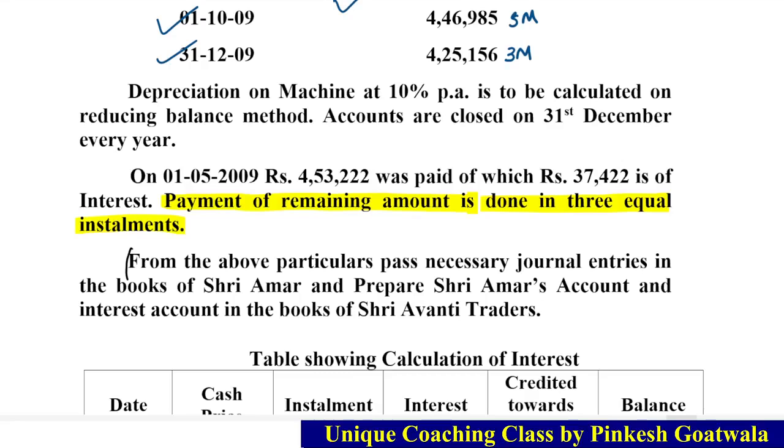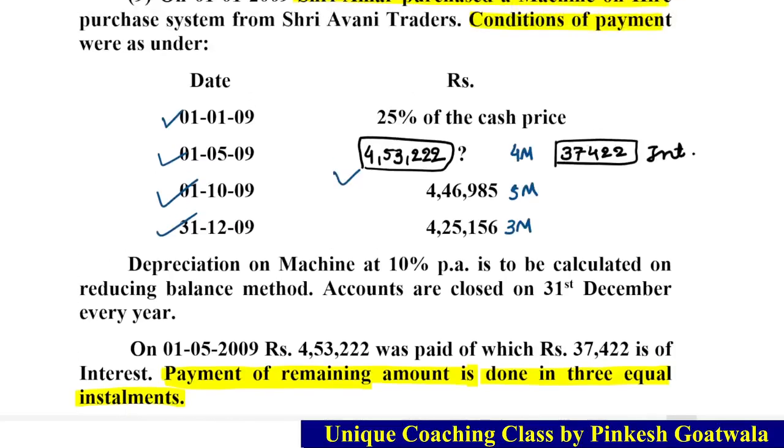You can solve this sum on this basis. The payment that remains is to be paid in equal installments. But here, one more point: 3 equal installments. Here we already have 3 installments, and are they equal? No, not at all. They are different amounts. Yes, we have payment in 3 installments, but they are not equal.